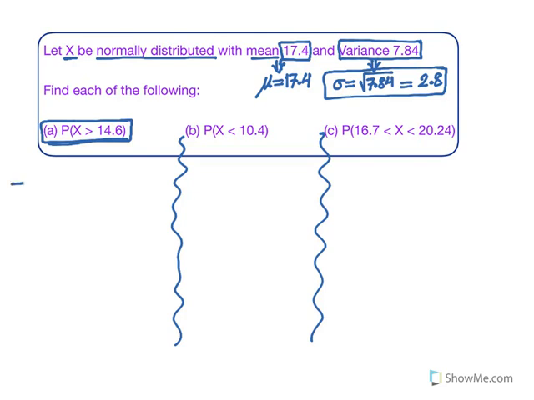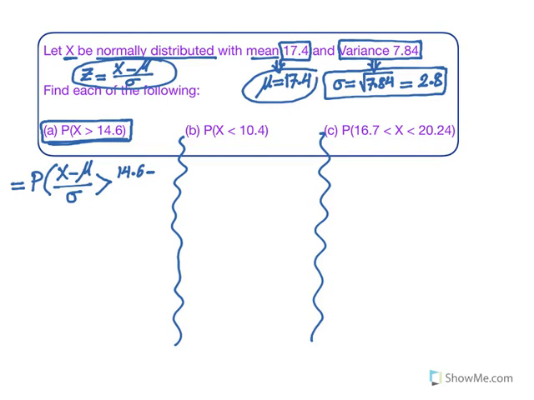Instead of x, you put x minus mu over sigma. This is the z-score. The z-score of a data value is x minus the mean over the standard deviation. So now you want it bigger than 14.6 minus the mean, 17.4, divided by the standard deviation, 2.8.